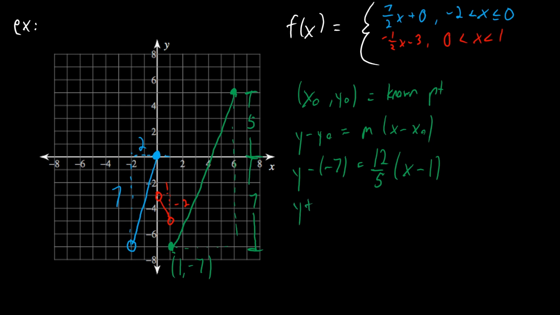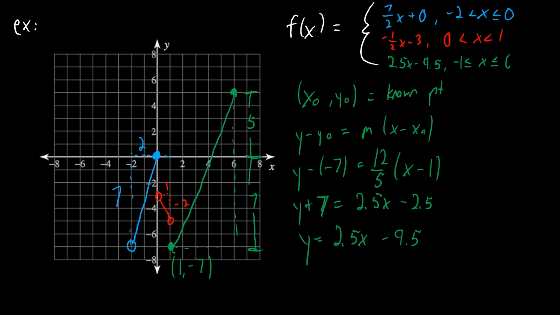This is going to be y plus 7, and I'm going to simplify this to 2.5x minus 2.5, and it's going to be easier when I subtract this -7 over, right? Okay, so we're going to have 2.5x minus 9.5. And this will be defined from -1 less than or equal to x, and x less than or equal to 6.